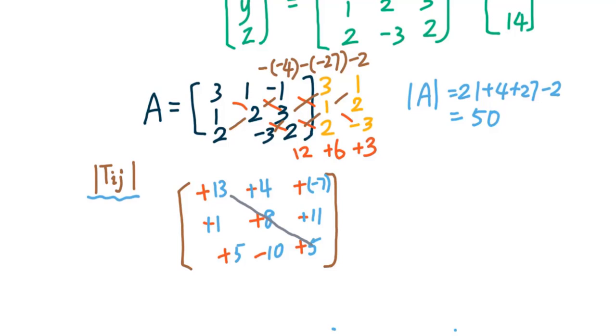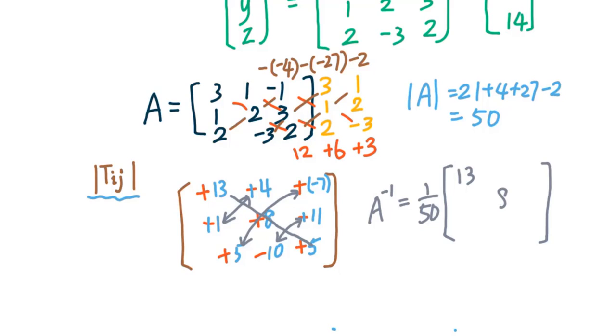This diagonal line stays, these two switch, these two switch, these two switch. So we got the inverse of this A will be 1 over 50 times [13, 8, 5; 4, 1, 5; -7, 11, -10].